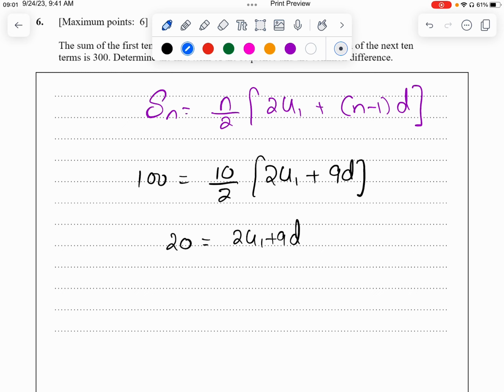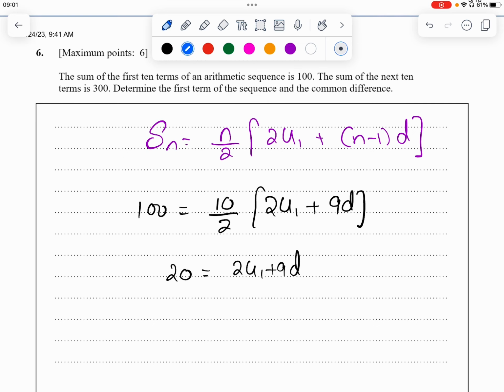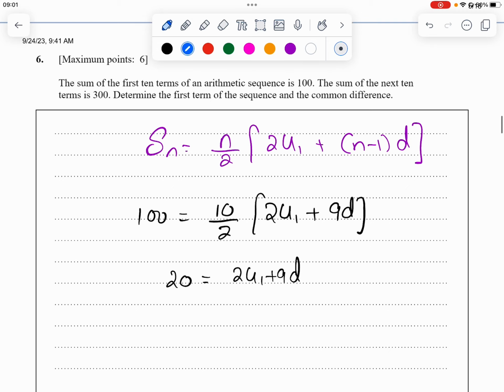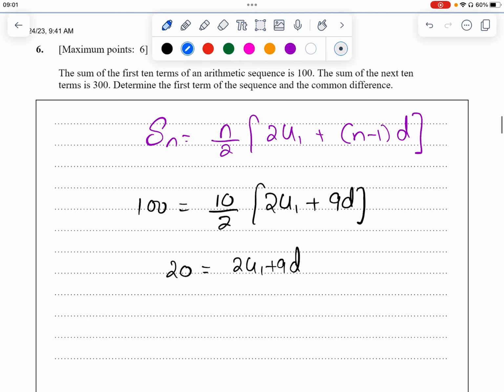Now the next one is nothing but what? The sum of the next 10 terms is 300. How should I be able to find it out?